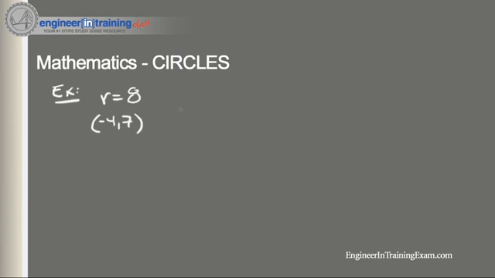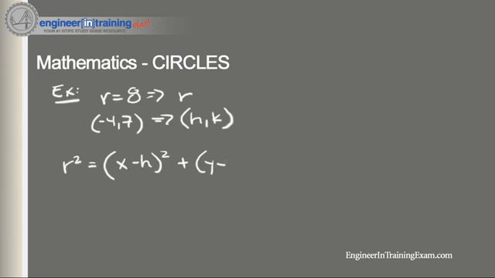So let's just recall that the point -4, 7 is our h, k in our standard equation, and this of course is our r. So once again, restating the standard form, it's r squared is equal to x minus h squared plus y minus k squared. And this is very simple.